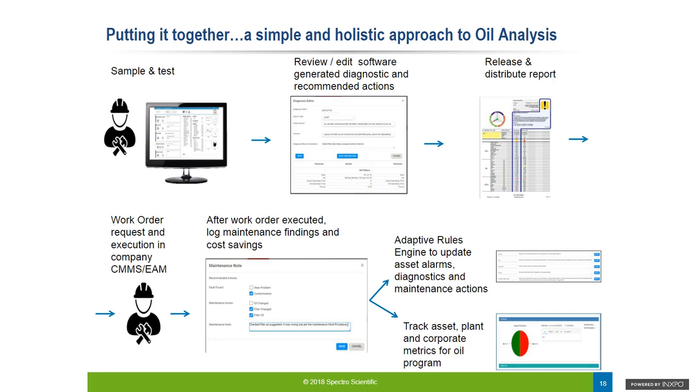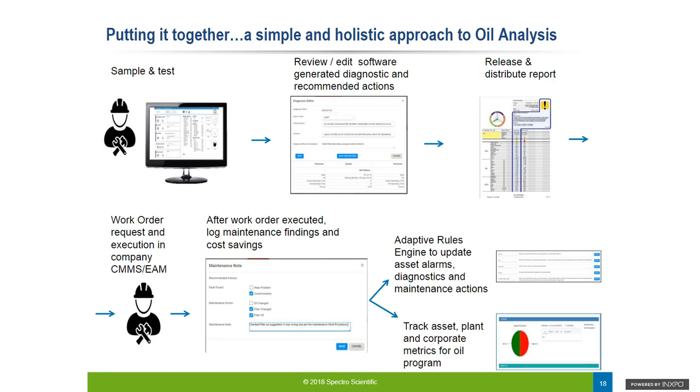And then after that work order is executed, they can then log back into the system and enter their maintenance findings, including what actions they actually took, what the root cause of the issue was, and any cost savings associated with that preventive maintenance action.